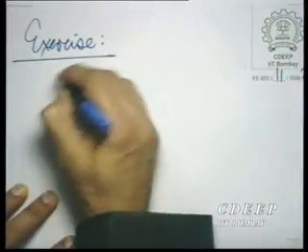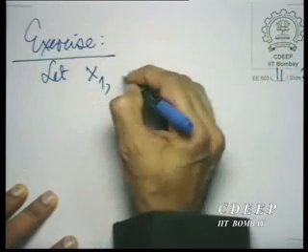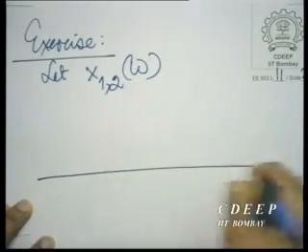So in fact, that's a very good question, and let me leave it to you as an exercise to do the following. Exercise. Let the two DTFTs, X1 and X2 of omega, take the following form.